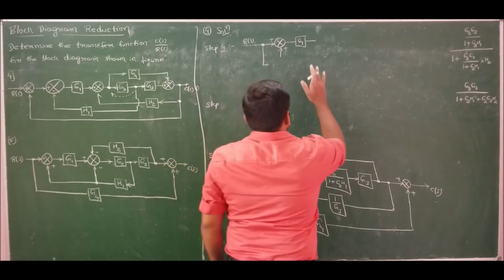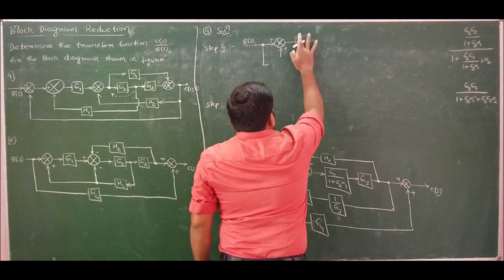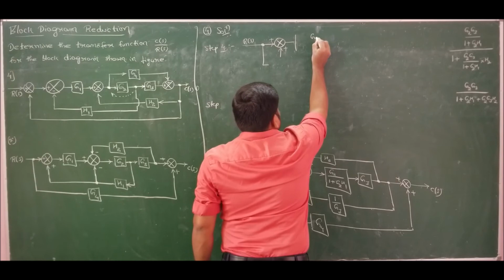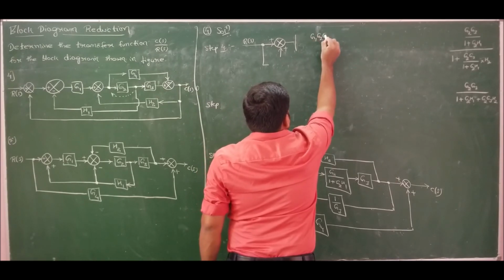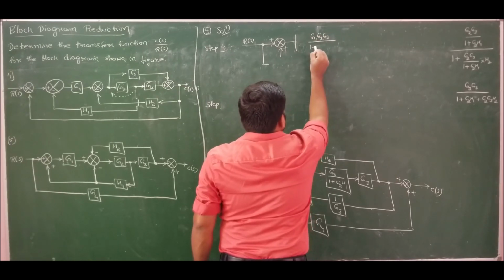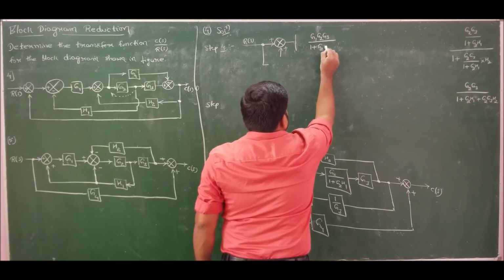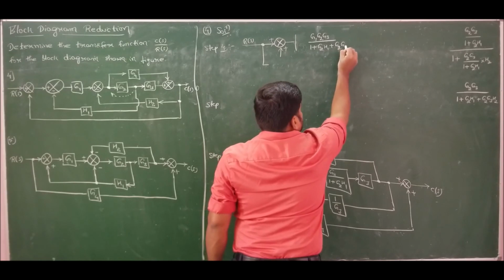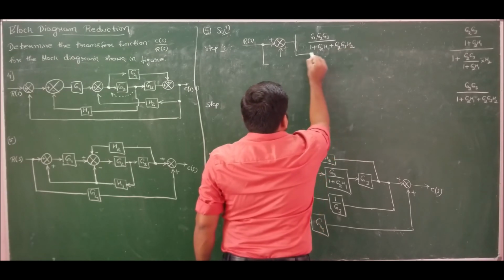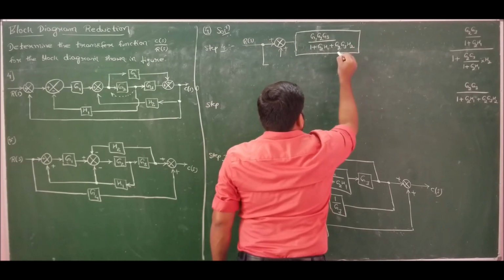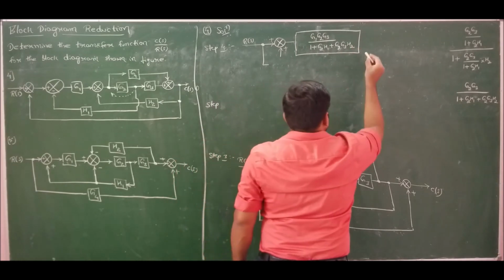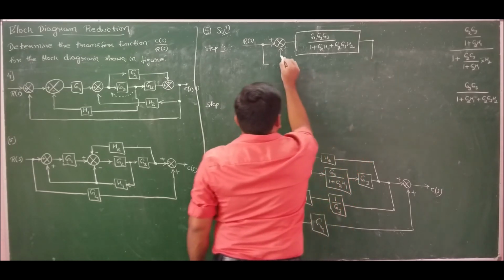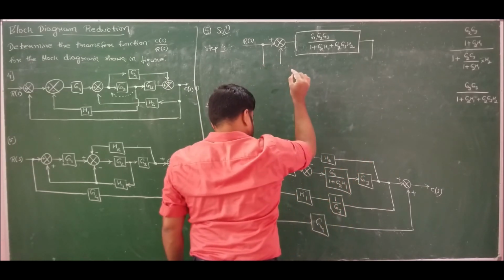So if I do that in one go, I end up with G1 G2 G3 divided by 1 plus G2 H1 plus G2 G3 H2, and we have only one feedback left out, and the feedback value is H1 by G3.